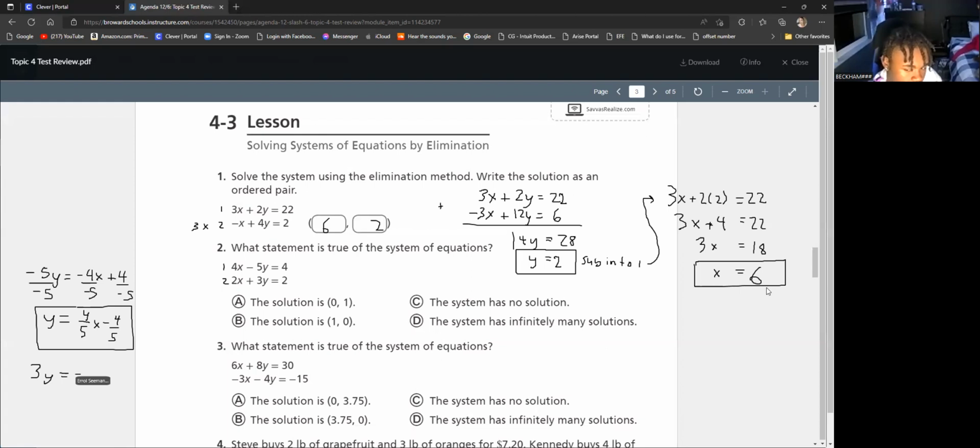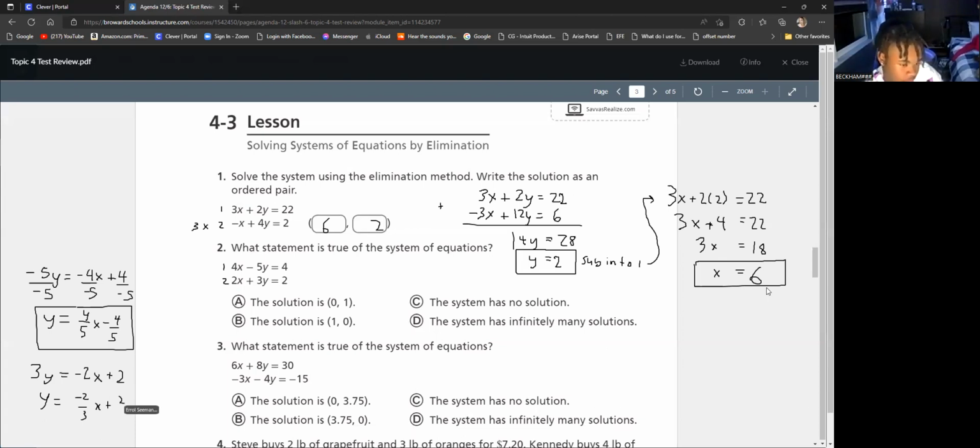Negative 2x plus 2. Okay, what's the next line? Divide everything by 3. Y equals negative 2 over 3x plus 2 over 3.